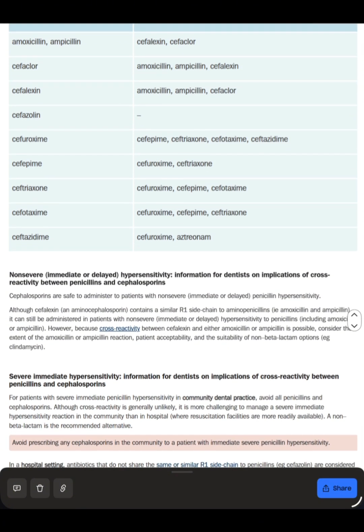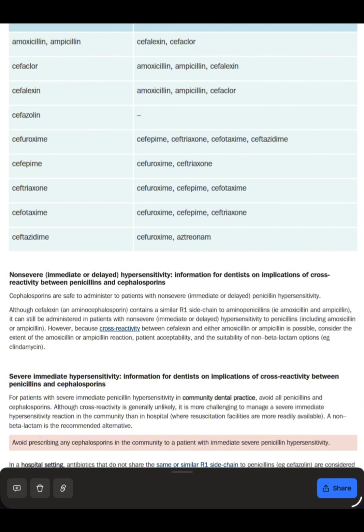Now, non-severe immediate or delayed hypersensitivity: information for dentists on the implication of cross-reactivity between penicillin and cephalosporin. They say cephalosporins are safe to administer to patients with non-severe immediate or delayed penicillin hypersensitivity.